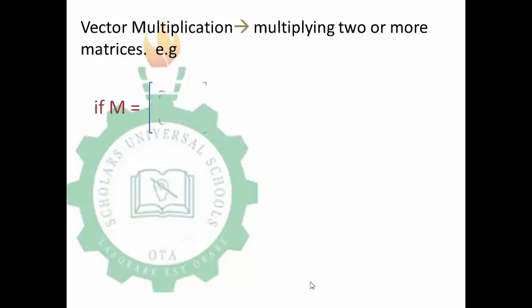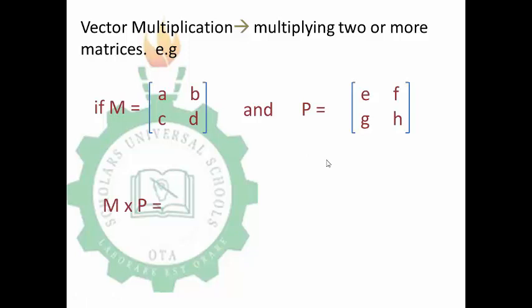So if you have M equals matrix A, B, C, D, and P equals matrix E, F, G, H. Now, by the time we want to multiply this by this, we have to multiply M multiplied by P. If you are multiplying this, A and B will multiply everything you have here, and C and D will also multiply it as well.